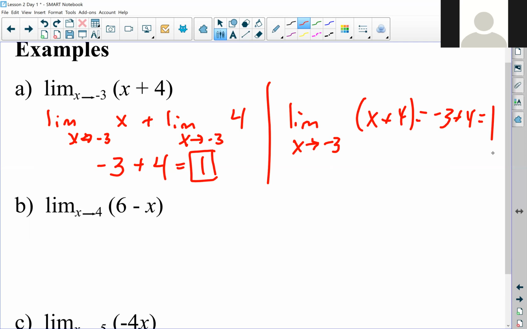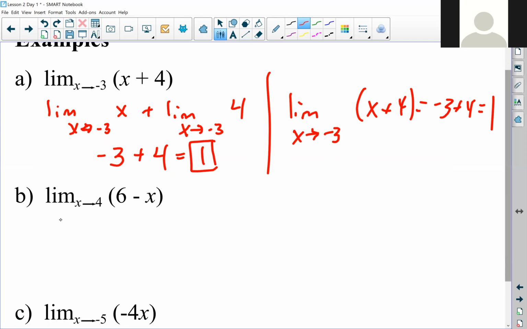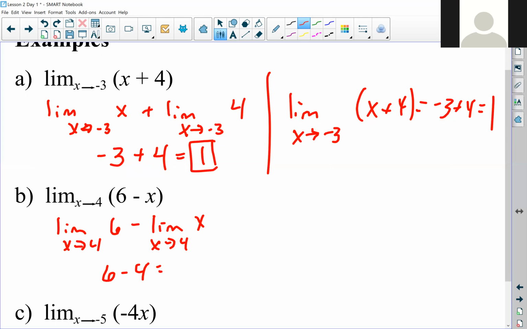And if we use that again for the second one for subtraction, again, I'll do the long way. That's the limit as x approaches 4 of 6 minus the limit as x approaches 4 of x. So we get 6 minus 4 is -2.